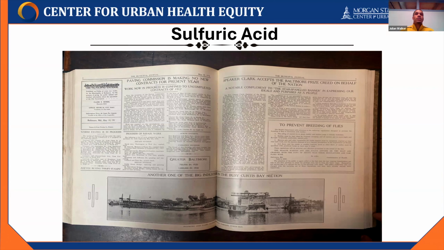But now we're at the Center for Urban Health Equity, right? And as Collins eloquently said, we want to put the power in the hands of the community. So that goes to our next slide. GIS mapping and historical framework.